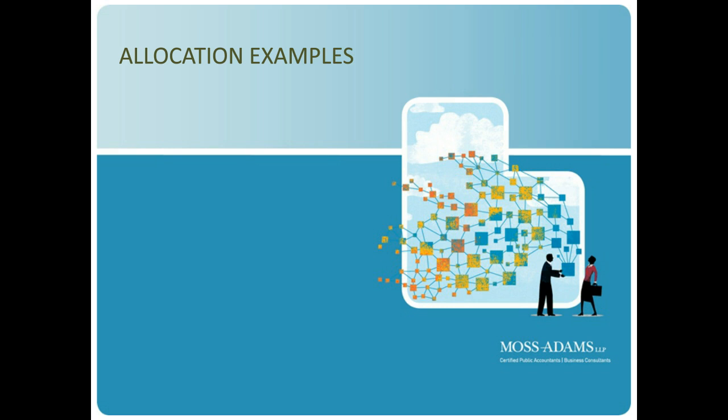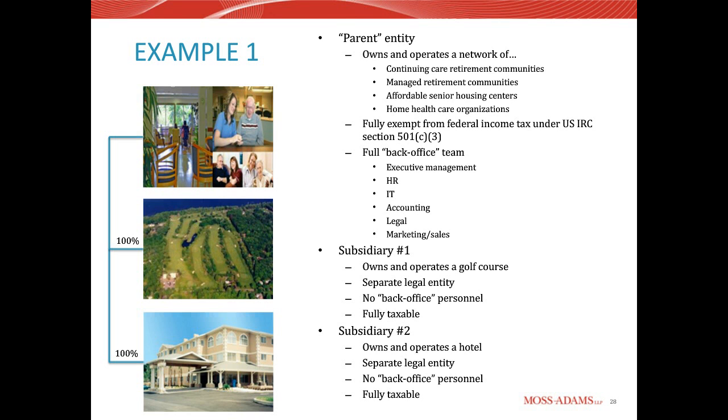Now I'm going to go over some examples of allocating these indirect costs in three real-life situations for our clients. The first example, we have an entity that owns and operates a network of retirement communities, senior housing centers, and home health care organizations.